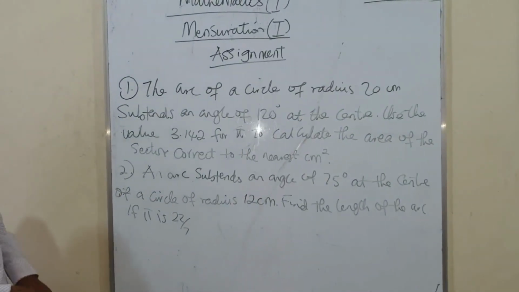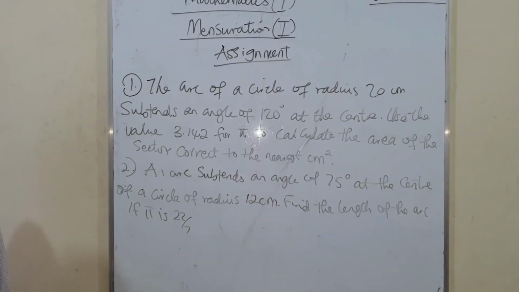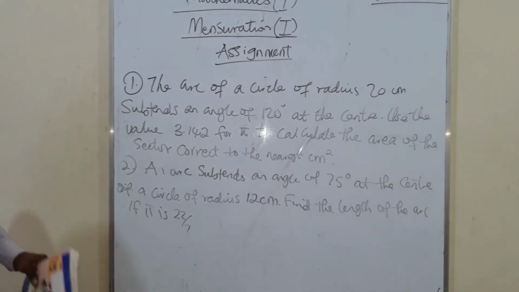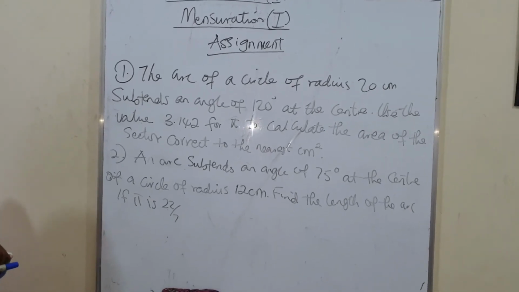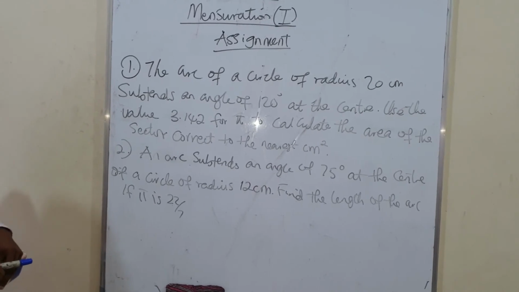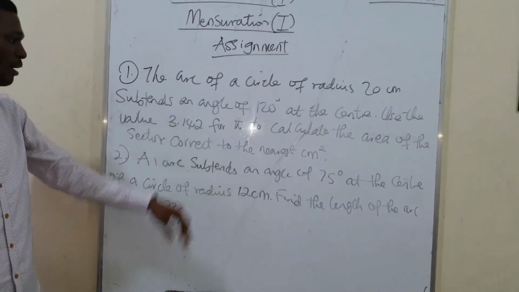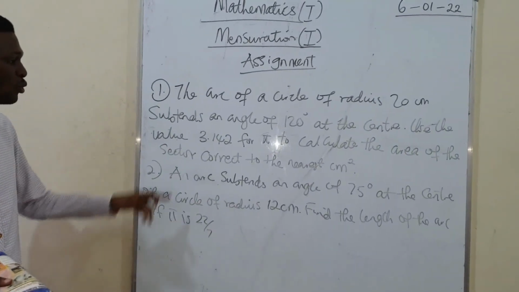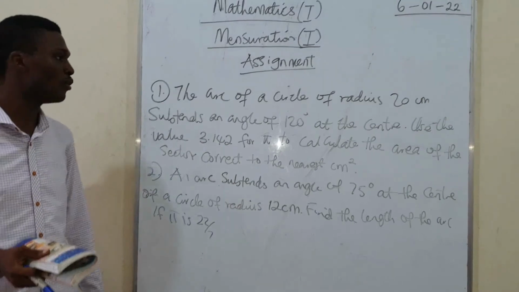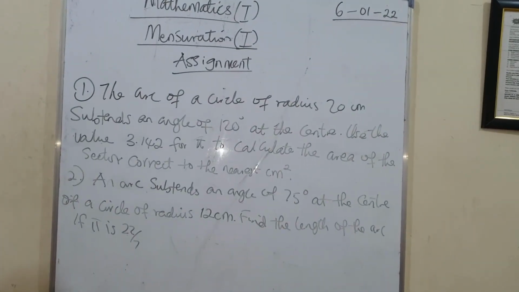The arc of a circle of radius 20 cm subtends an angle of 120 degrees at the center. Use the value 3.142 for pi to calculate the area of the sector correct to the nearest cm squared. The ones we solved, we used 22 over 7 for pi, but for this, you have to use 3.142 as your pi, and then calculate your area of the sector.